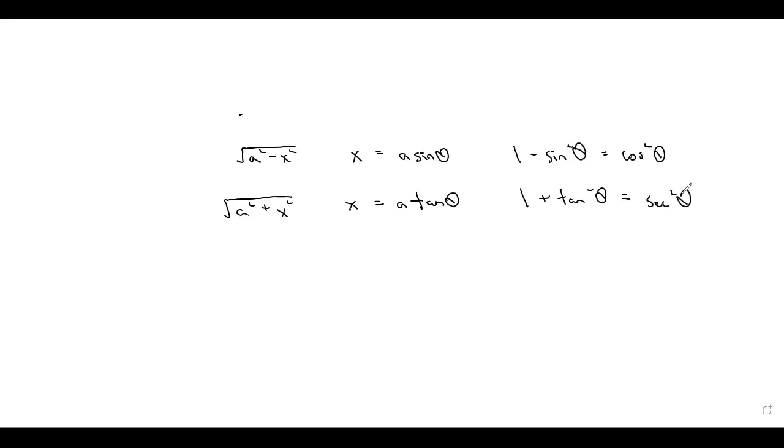The last one is the square root of x squared minus a squared. For that one, you use secant, so x equals a secant theta, and it gives you a corresponding trig identity. Of course, we'll go through a bunch of questions.